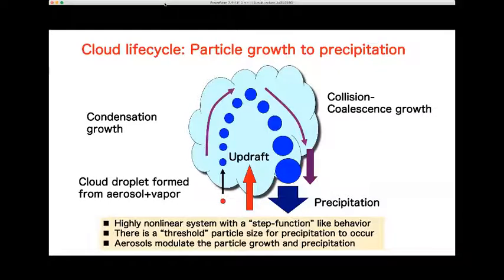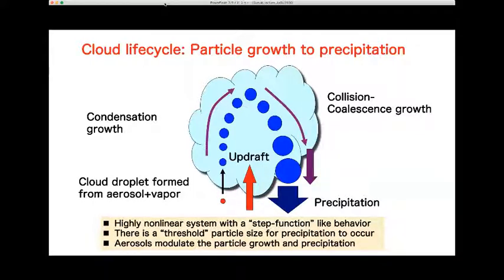And another difficulty is that such cloud formation and its precipitation formation is eventually a highly nonlinear system in terms of physical systems, with a kind of threshold particle size for when precipitation happens. And another complication of clouds in the climate is that the cloud particle is not just formed from pure water vapor, but also requires other foreign particles like aerosols as nuclei or seeds to form the cloud particles.